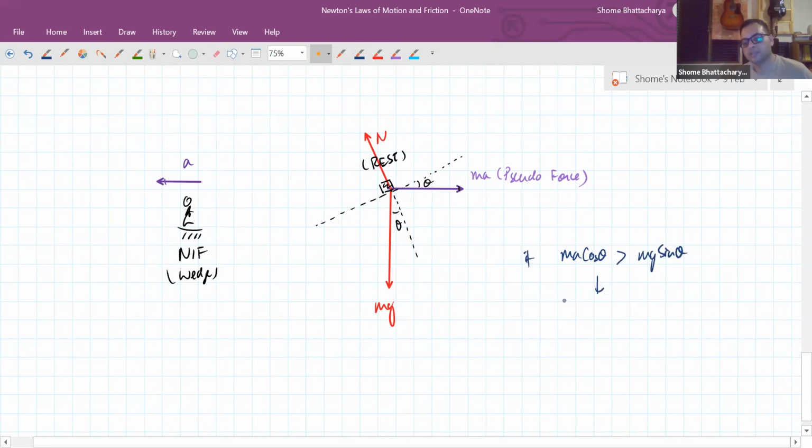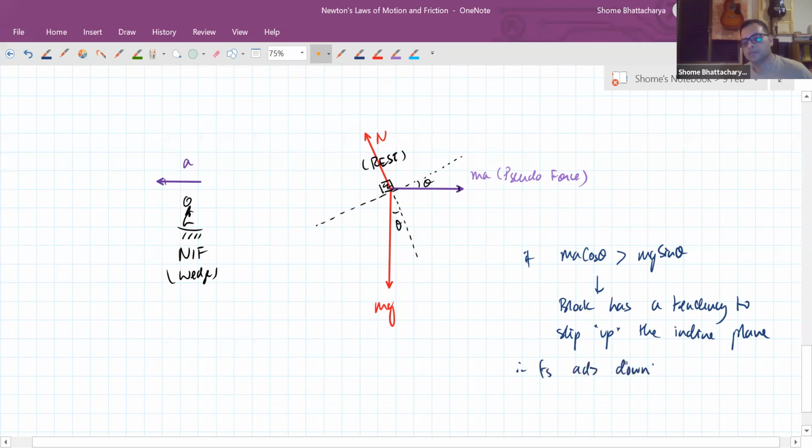So that means the block has a tendency to slip up the inclined plane. So in that case, what will happen is that static friction acts down the incline to prevent slipping.